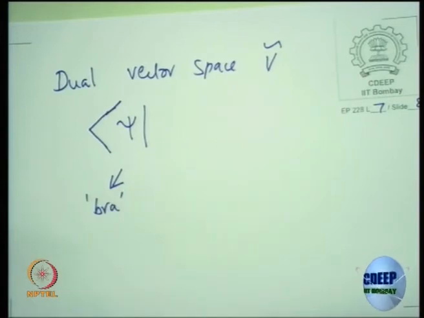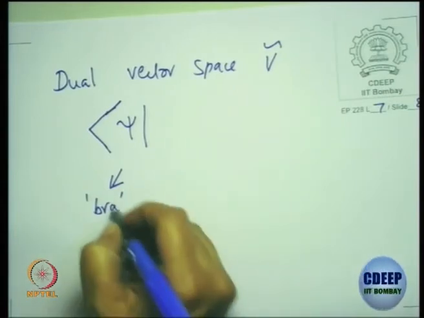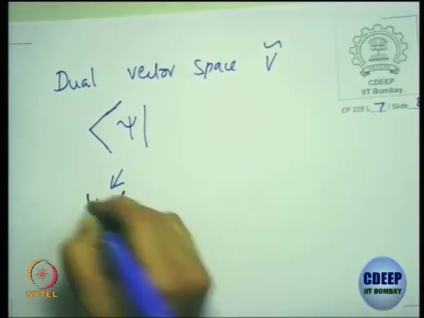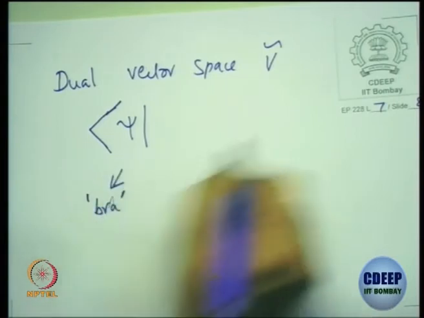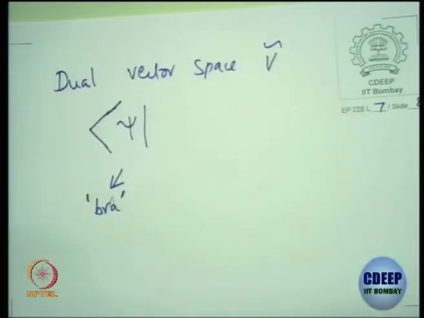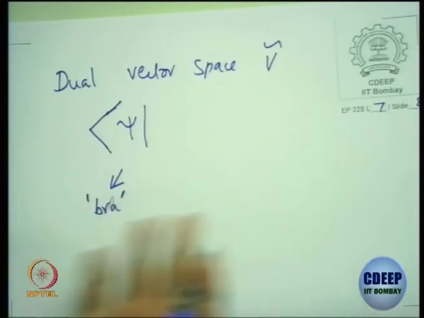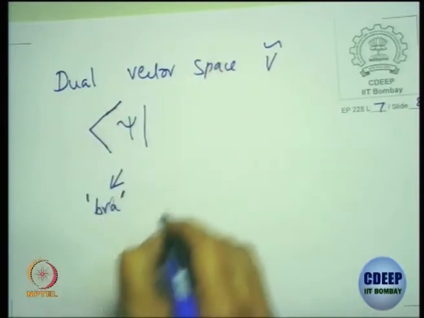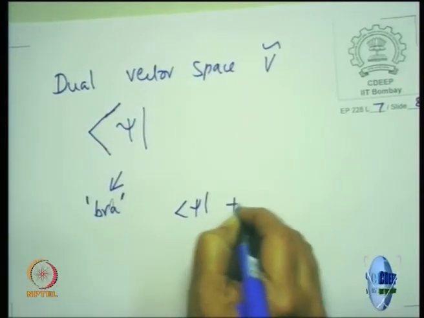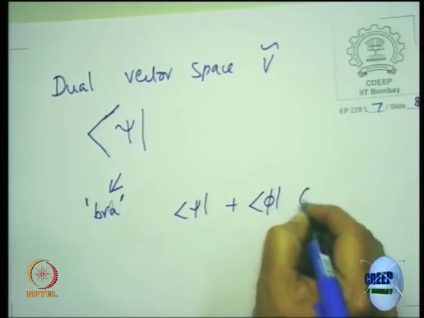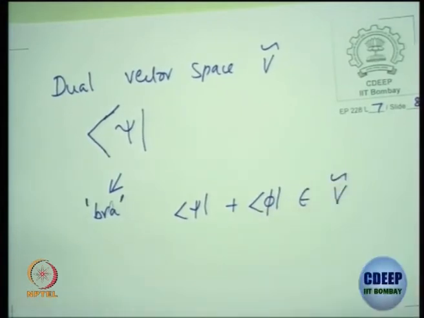This bra notation will also satisfy the same set of properties which you saw for the vector space V, but in this notation. So, you will have psi plus phi should be an element of V tilde and so on. Why have we introduced this notation?